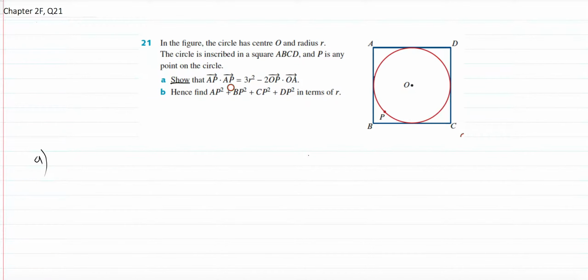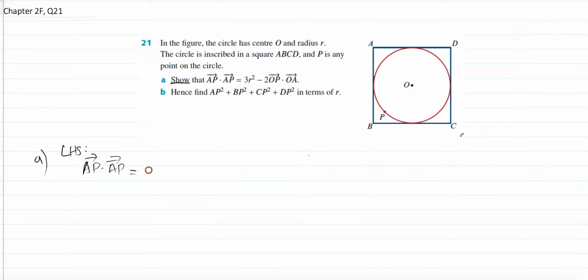But in this question, we'll work on the left hand side, mainly because vector AP can be written in different ways, and that gives us the path to solving this question. So let's get into it. Left hand side, vector AP dot product vector AP.